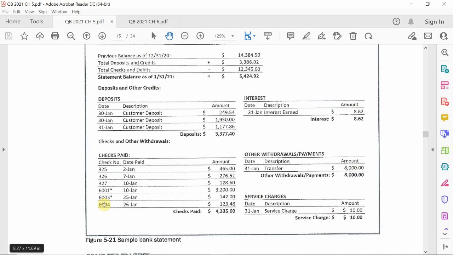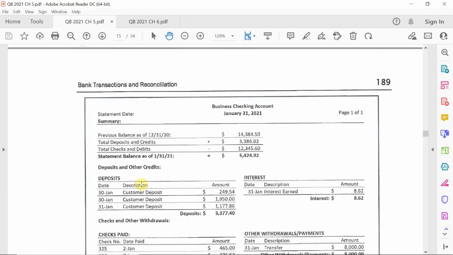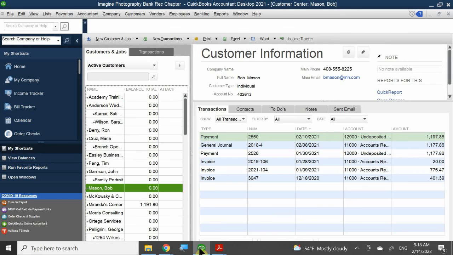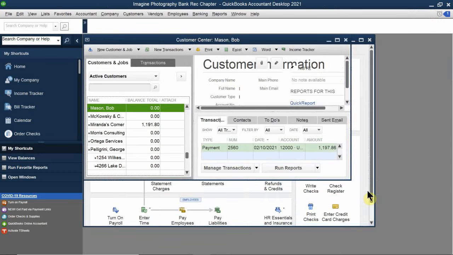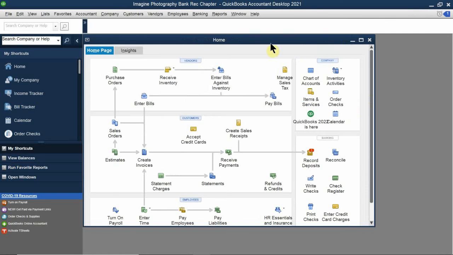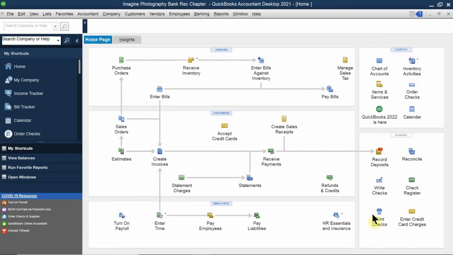So once we have this section right here, now we can go ahead and reconcile our bank account. There are only two ways for you to reconcile your bank account. On your home page, right here under banking, you have reconcile.